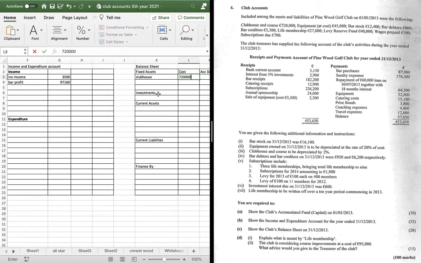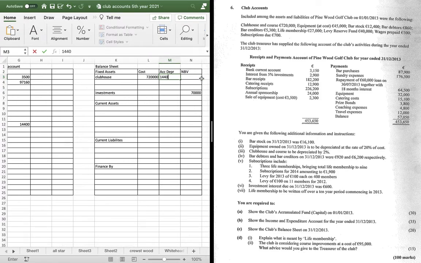The depreciation is 2%, so that's 14,400, which is an expense. I'm going to put that in my accumulated depreciation as well. And then obviously cost minus depreciation equals value, 705,600.